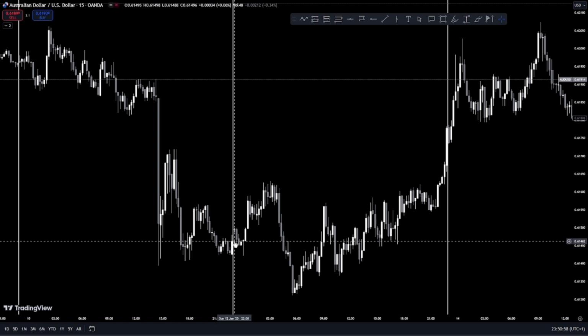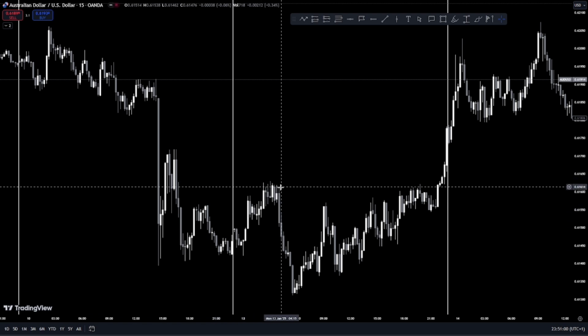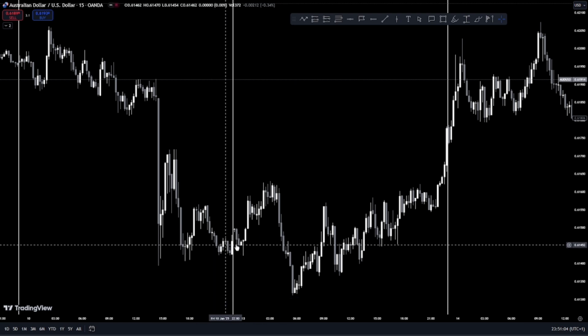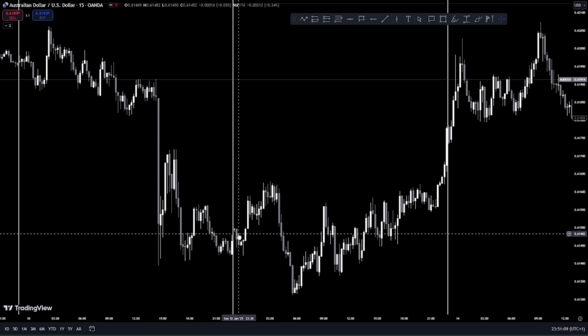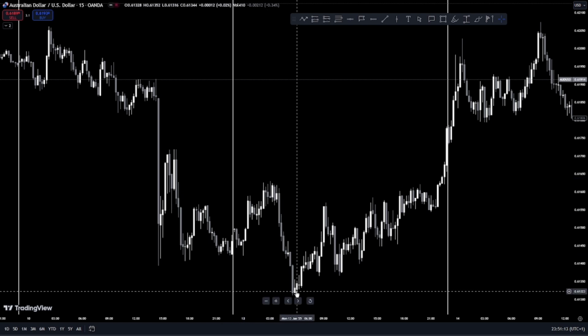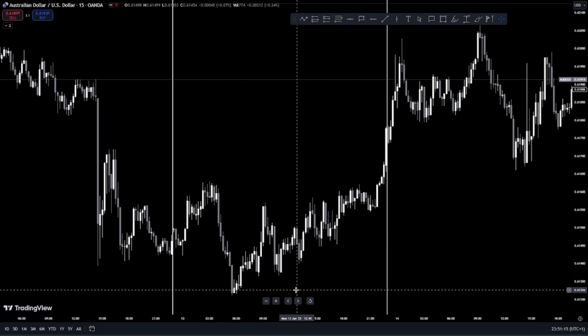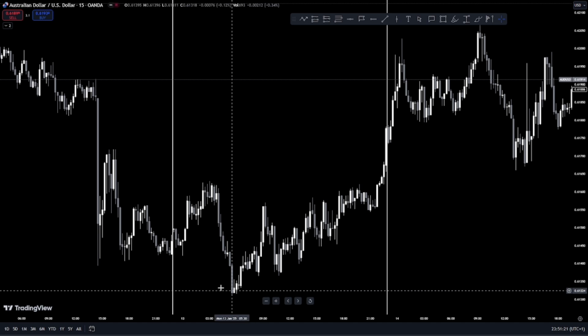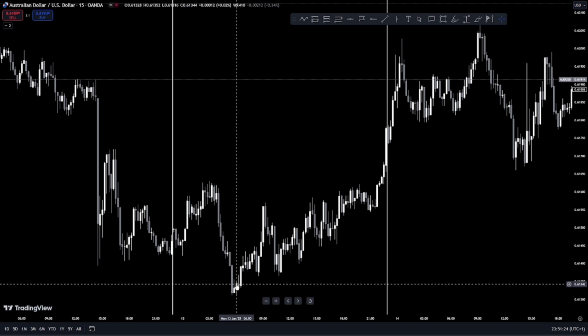You see, when price went high, when it got to this portion here, what happened? It sold. Why did it sell? Because price is already above the daily open. The day opened around this region here. Price went up. When it got here, it sold. And then it sold to where? Below the daily open.